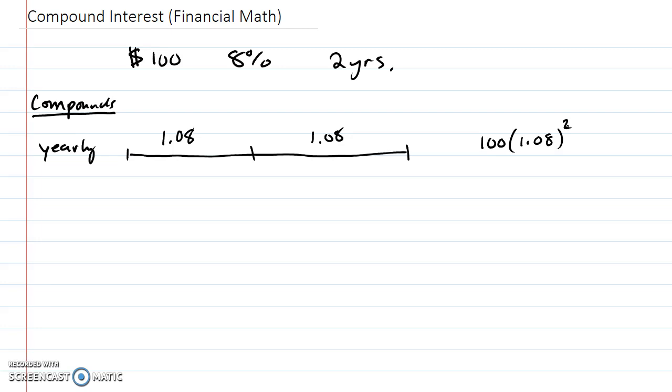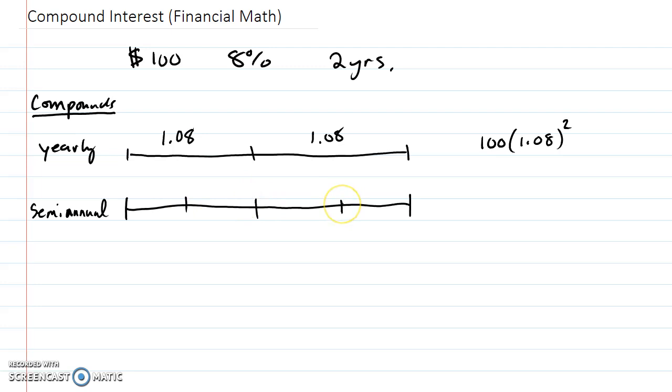So they had this idea to make more money. You can compound more often. So if we do this semi-annually, it will still be 2 years.